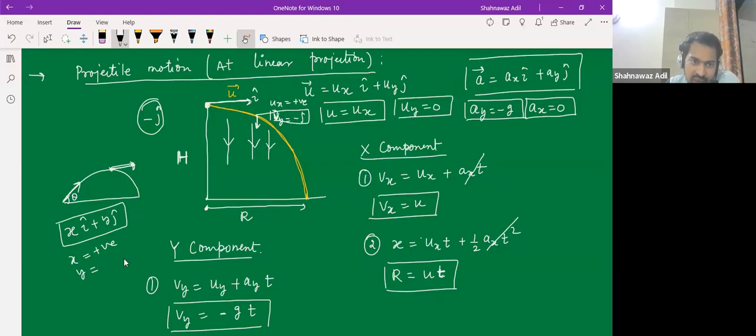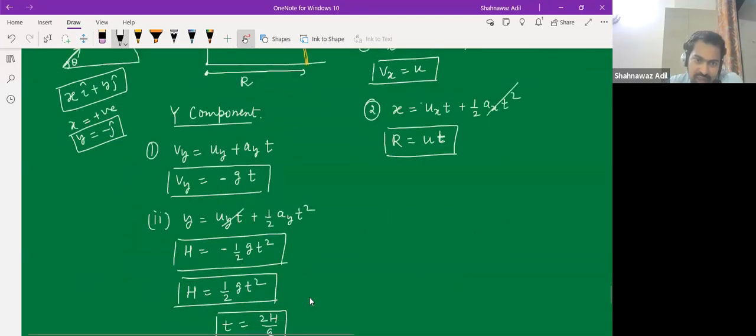Y is minus j. Clear? So that is why this distance is negative, though the magnitude would be positive. That is how we can see the direction.